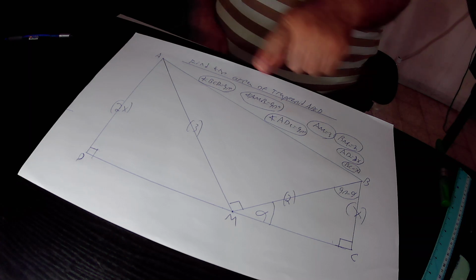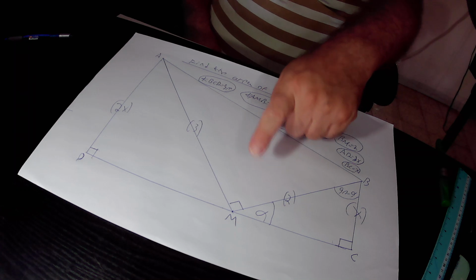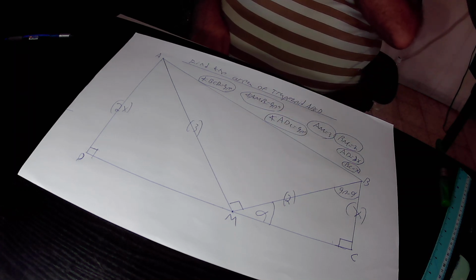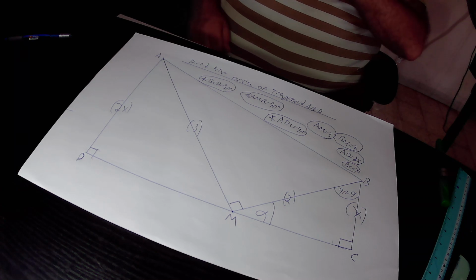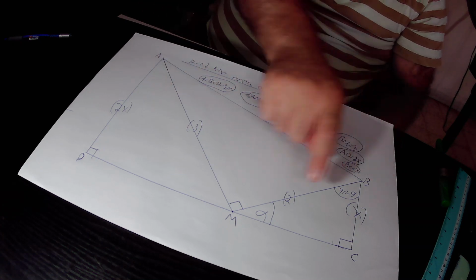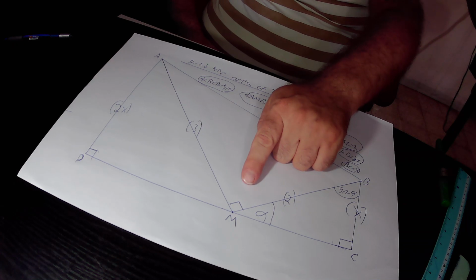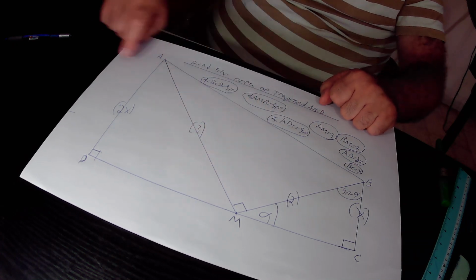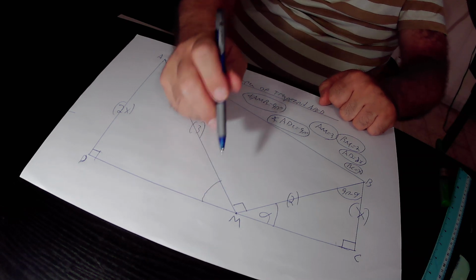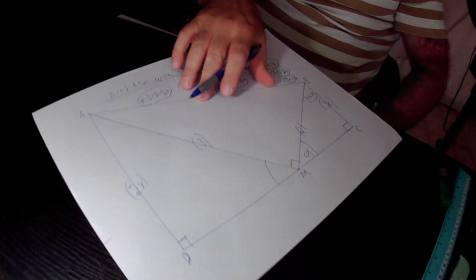If you focus on the upper side of this straight line DC at point M, the sum of the angles must be equal to 180 degrees according to rule 3. Which angles do we have at the upper side of DC at point M? We have this angle that is alpha, this right angle, plus this missing angle. In total, the sum of those three angles must be equal to 180 degrees according to rule 3. Therefore, this missing angle must be equal to 90 degrees minus alpha.